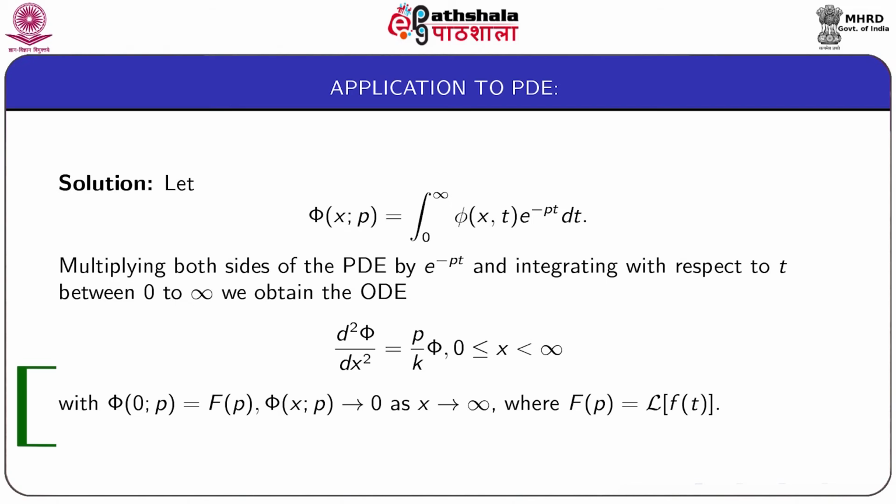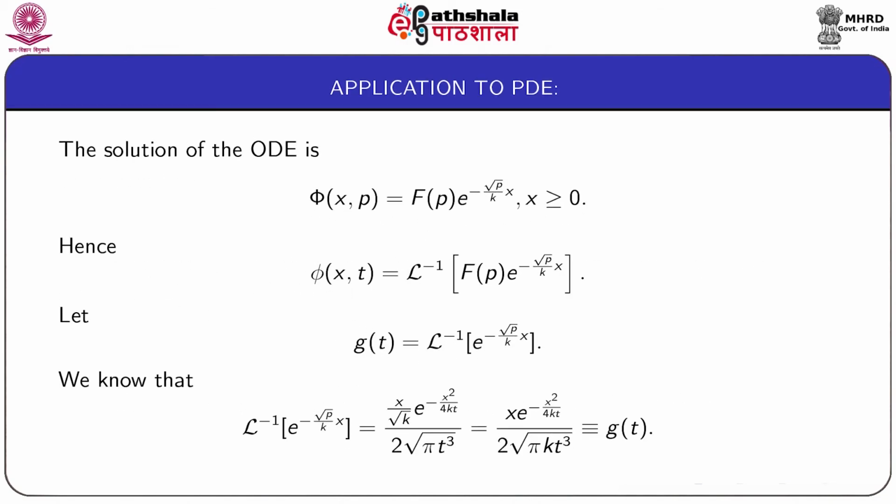Here F(p) is the Laplace transform of f(t) occurring in this boundary condition. So, here we have to solve this ordinary differential equation in Φ together with these boundary conditions.